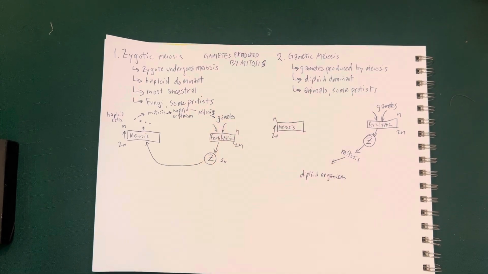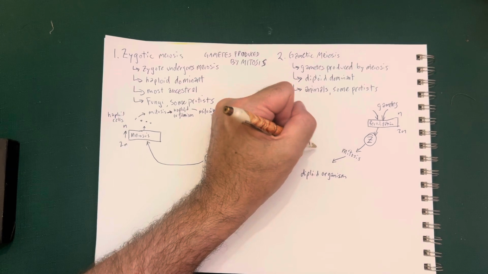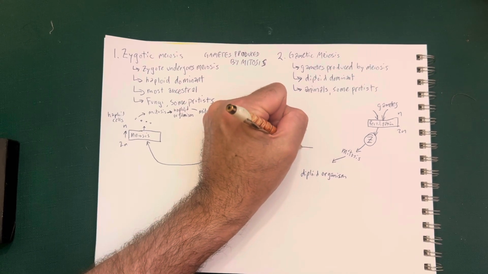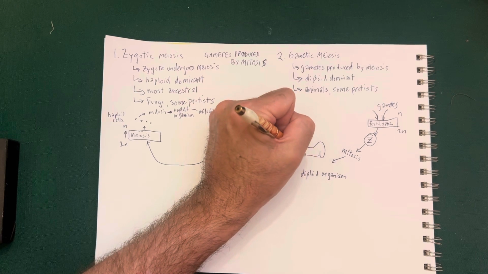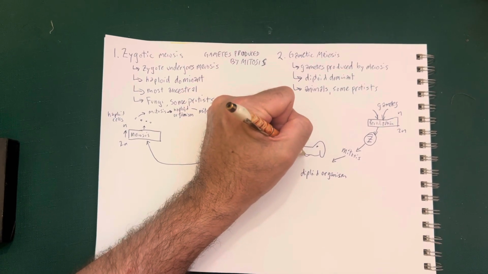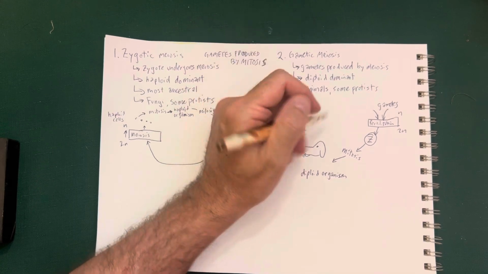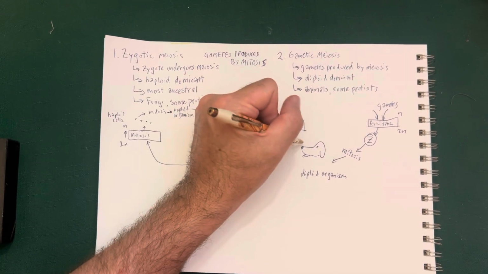So pick an animal, any animal. My dog just walked in the room, so I'm going to draw a picture of him. There's my boy. He's a diploid organism. He's an animal.